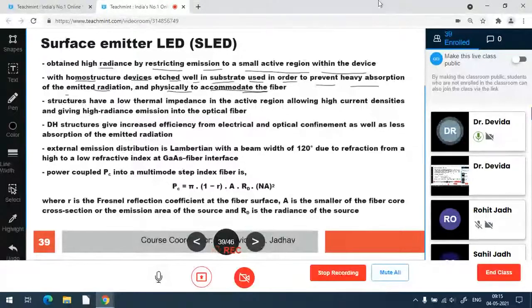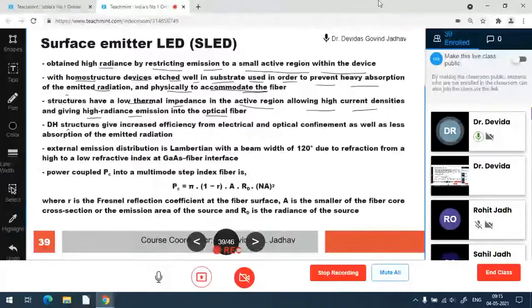The structure has low thermal impedance in the active region, allowing high current densities and giving high radiance emission into the optical fiber. So the structure is made with low thermal impedance, thermal conductivity is provided, and cooling is provided.